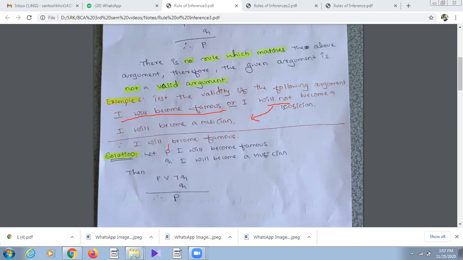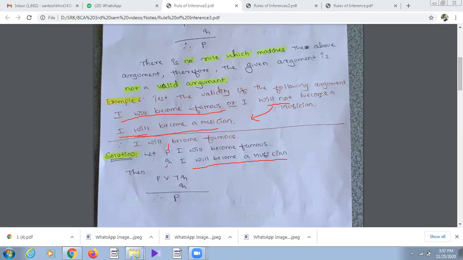Check whether that sentence is there in the argument. I will become a musician is there, so no need to take the negative sentence. We only take the positive sentence, so Q is I will become a musician. We are not taking the negative one as a primary sentence, only the positive ones to symbolize the primary statements.